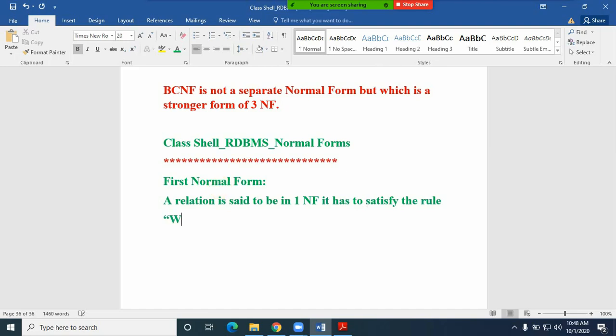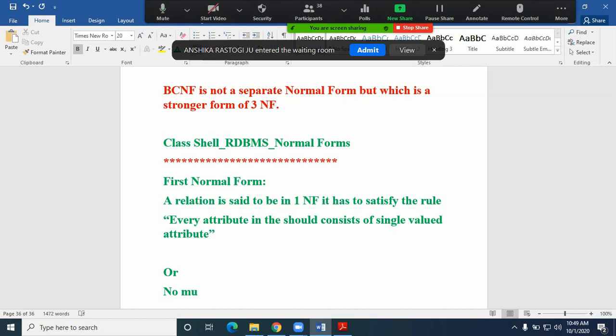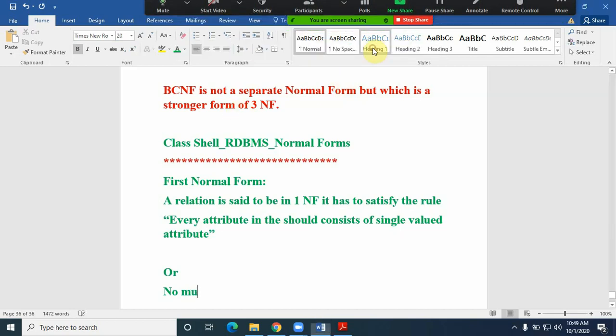Every attribute in the table should consist of a single-valued attribute, or you can say no multi-valued attribute should be there.